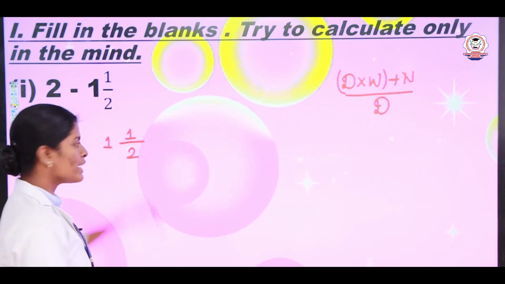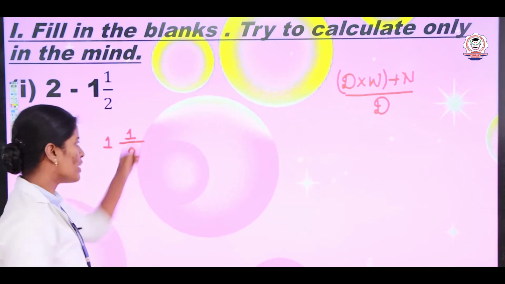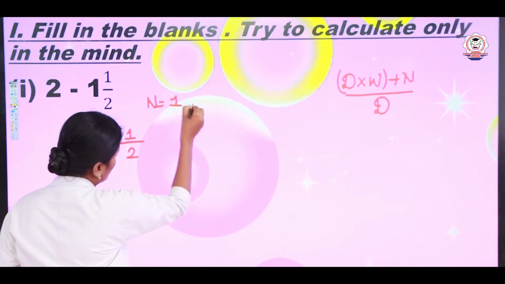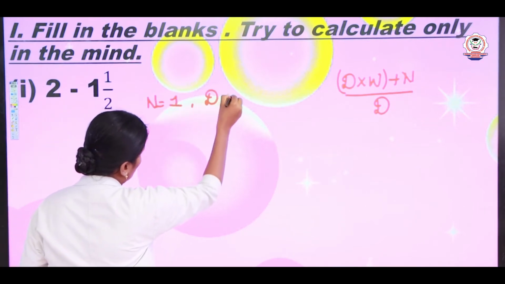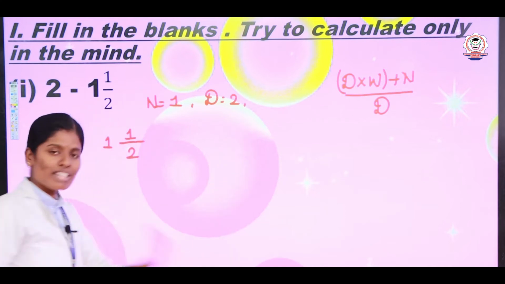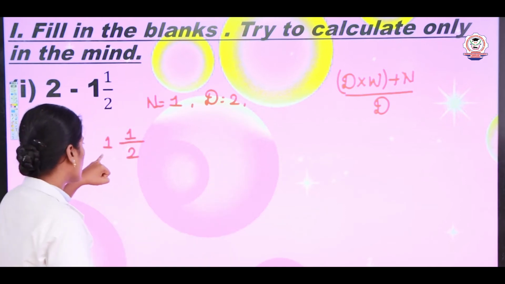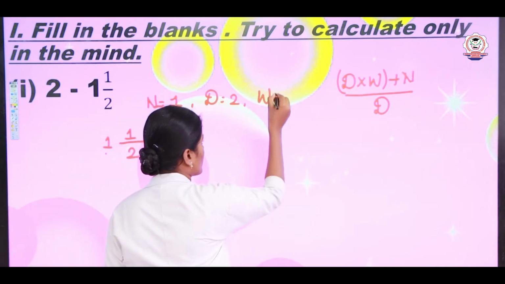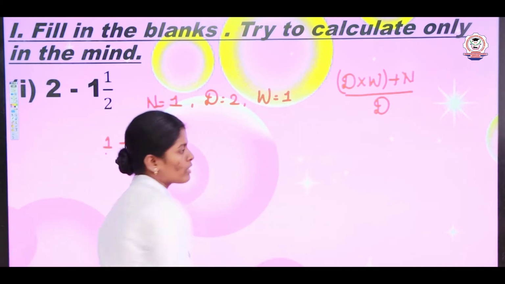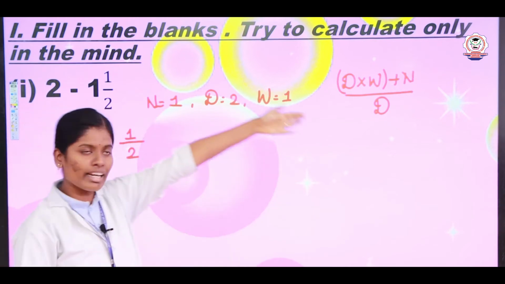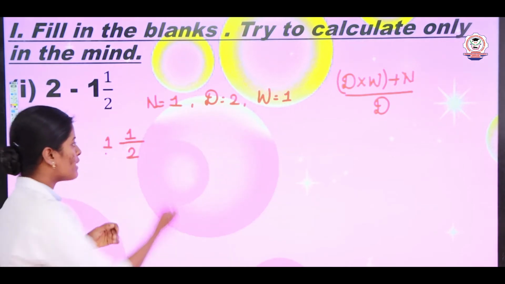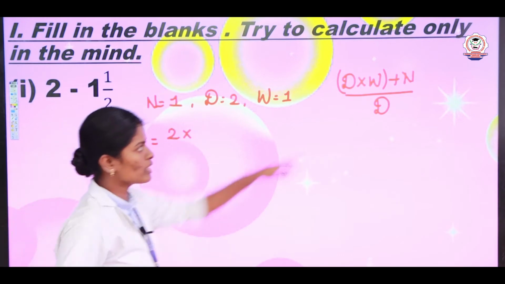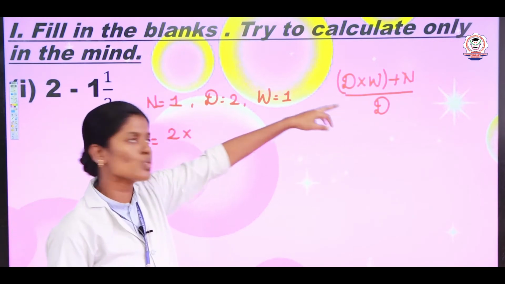Here what is the numerator value? Very good. The numerator value is 1. Then what is the denominator value? The denominator value is 2. Then what is the whole number value? Here the whole number value is 1. So write W equal to 1. So now we are going to substitute in that formula. So denominator value is 2 into W. So W means that is 1.